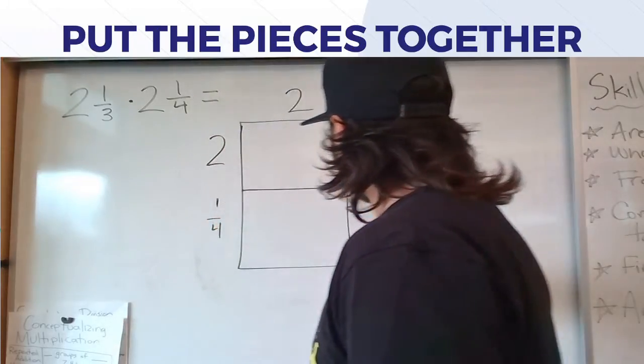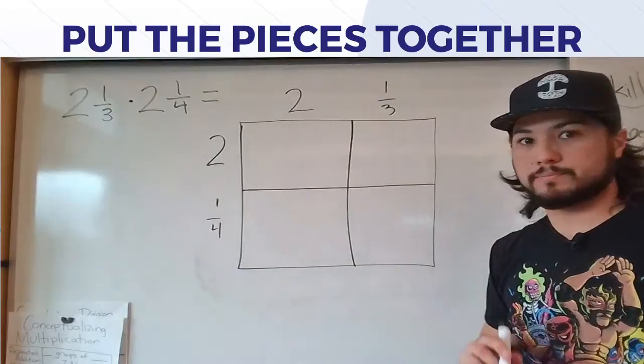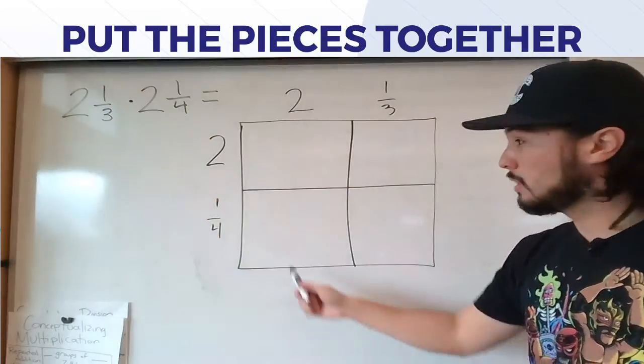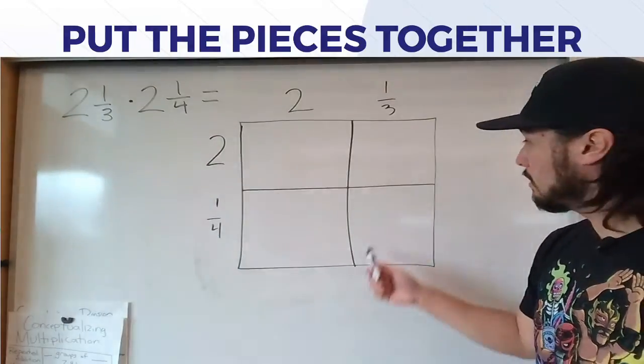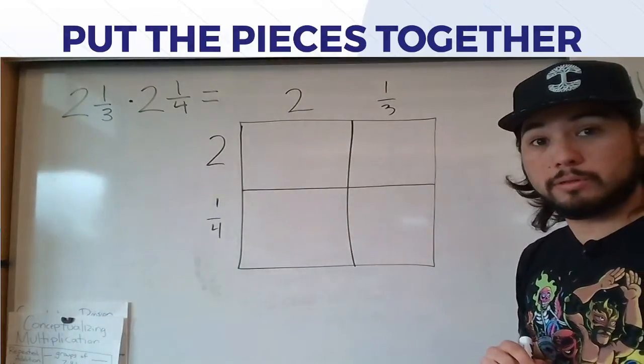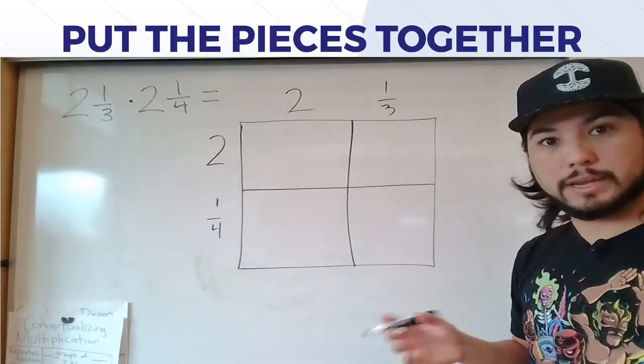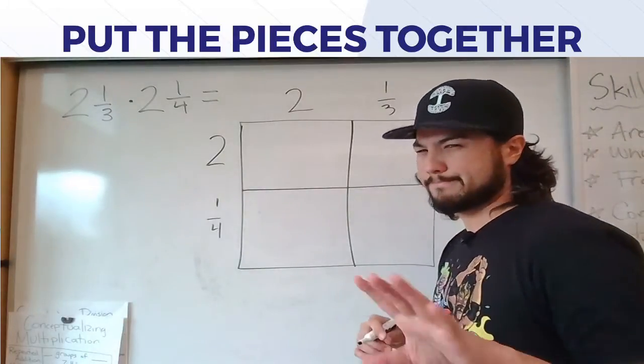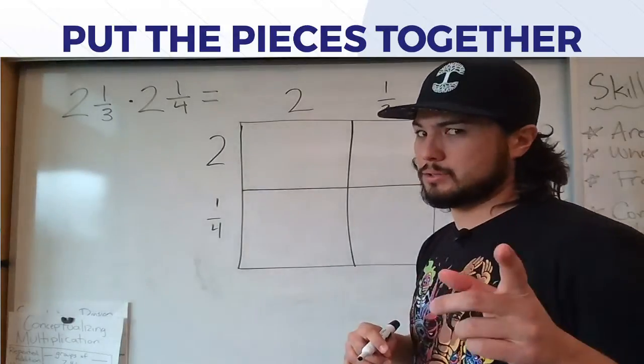By finding these 4 partial products, 2 times 2, 2 times 1/3, 2 times 1/4, and 1/3 times 1/4, then we add them together to get our total product, just like with whole number multiplication. It gets a little more complicated though, as you can see.